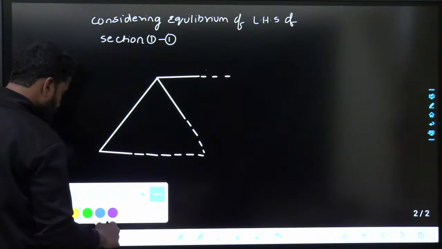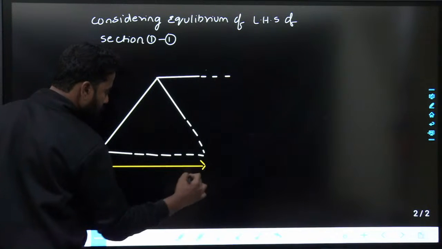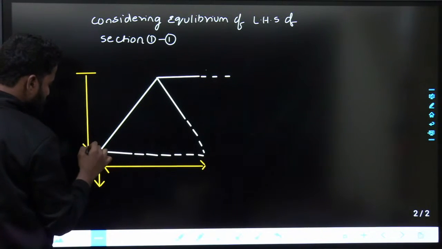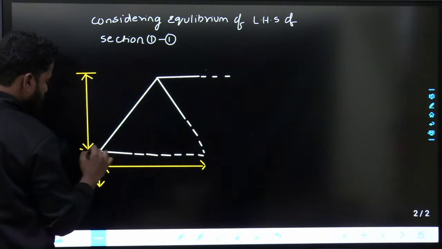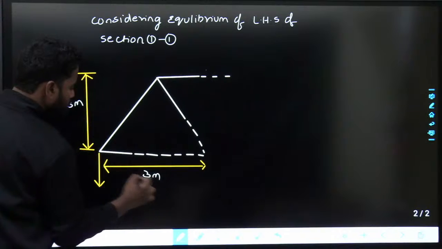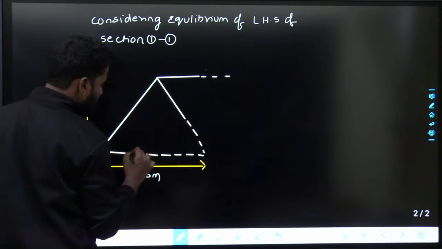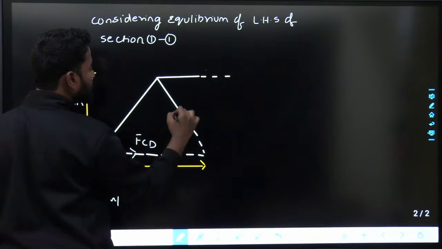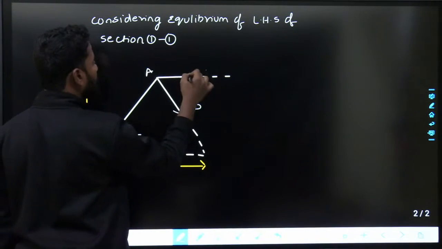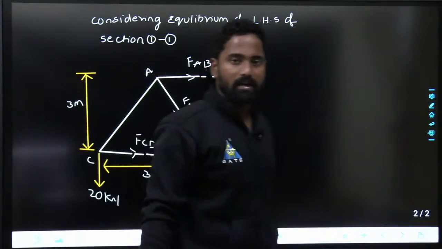There is a load of 20 kilonewtons here. This whole distance is 3 meters. This height is 3 meters. This one is also 3 meters, and this is 20 kilonewtons. This is C, and this is some FCD. This is some FAD. This is A, and this is some FAB. I do not know the direction, I have just assumed the direction.